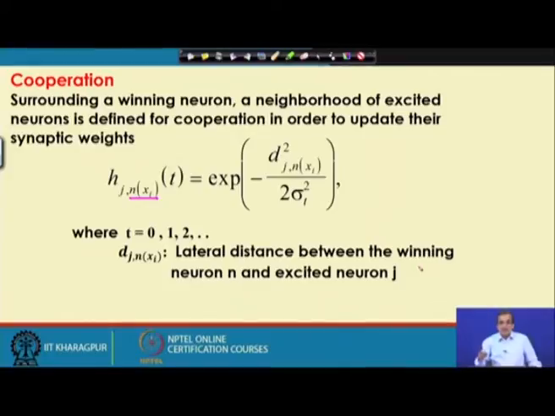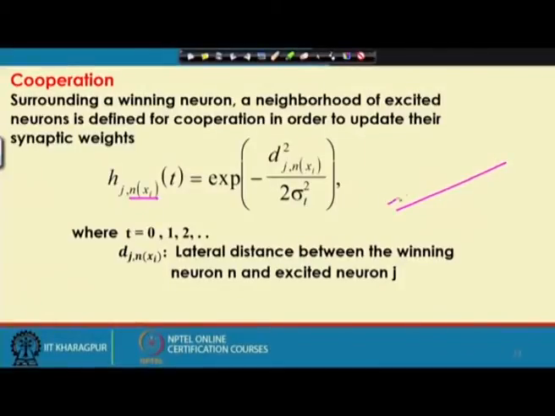Now, as I told, we are going to consider some Gaussian distribution to represent this neighborhood. Supposing that I have got a Gaussian distribution something like this. This is the Gaussian distribution, and it has got the mean and standard deviation. Say the mean properties are the properties of that particular winner, and this Gaussian distribution will have some sigma_t, that is the standard deviation.